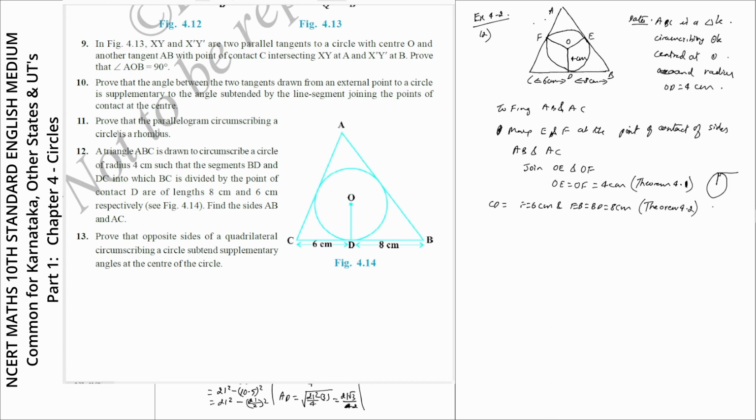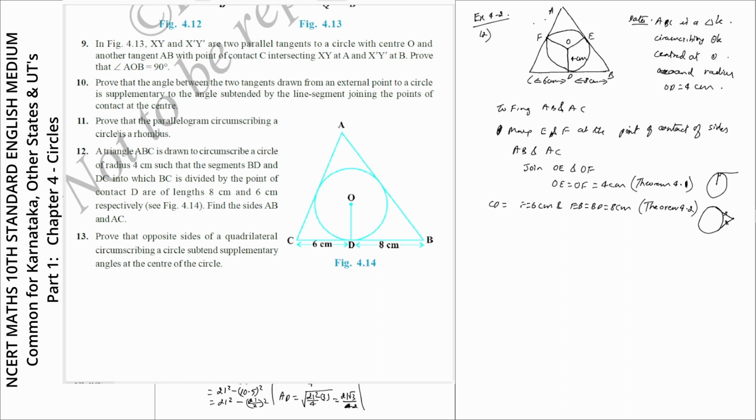According to theorem 4.2, we can draw two tangents from an external point to a circle, and the lengths of those two tangents will be equal. Therefore C is the external point, and CD and CF are the tangents, so CD is equal to CF. Similarly B is the external point and BD and BE are the tangents, so they should be equal.